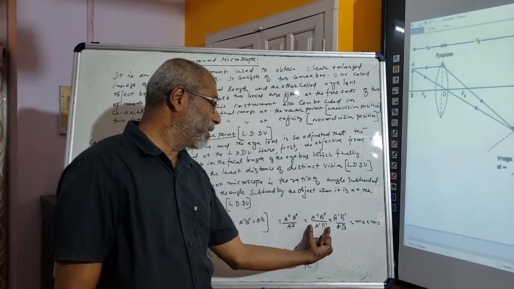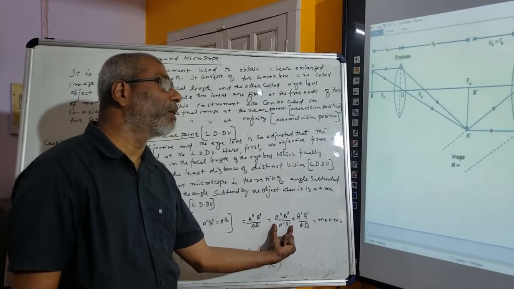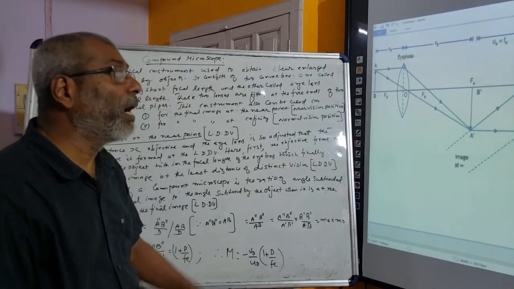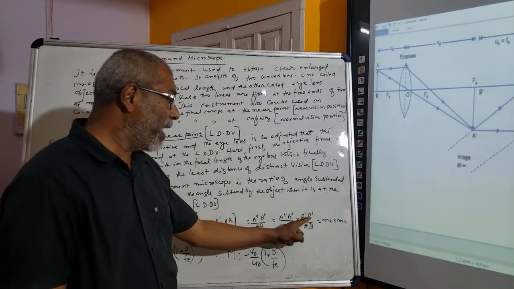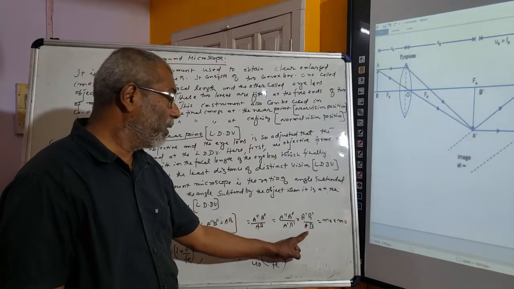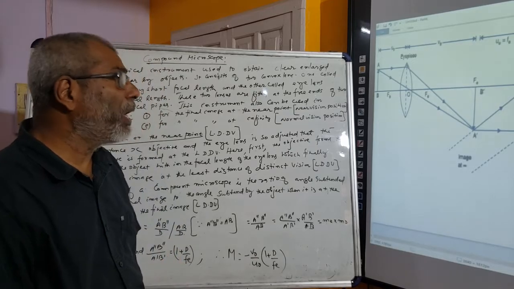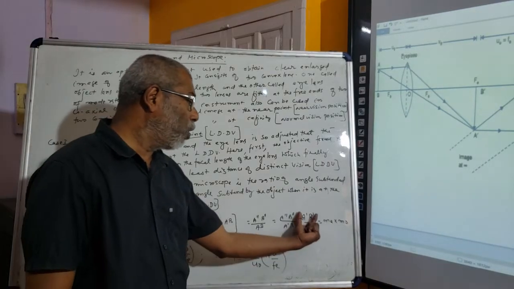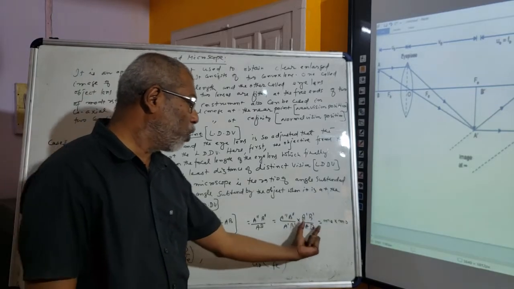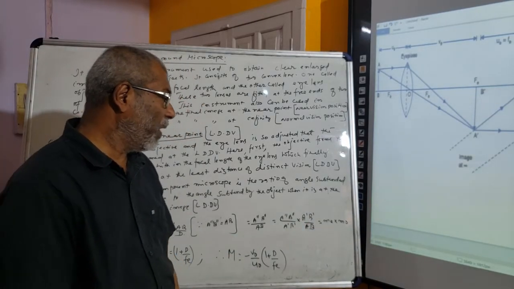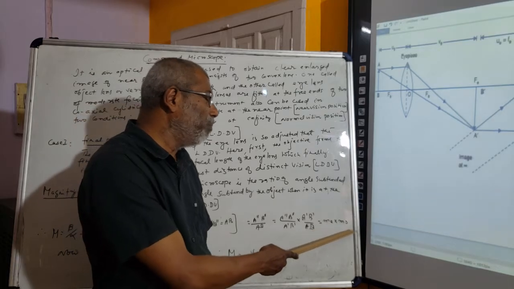Size of the image by size of the object for the eye lens is the magnifying power of the eye lens. What do you call it? ME. While A'B' by AB is the magnifying power of the object lens. See that for the object lens, the image size is A'B', and its object is AB. That is why we can write this is equal to ME into MO.